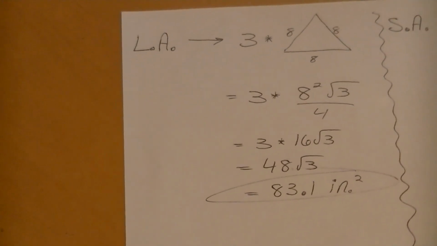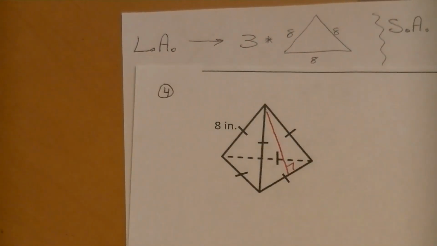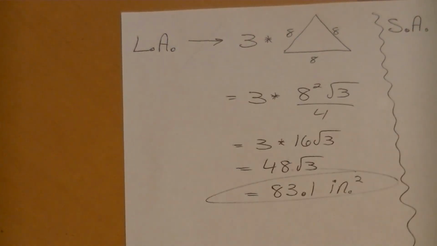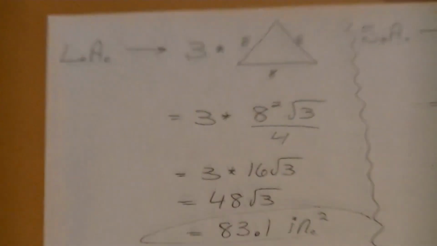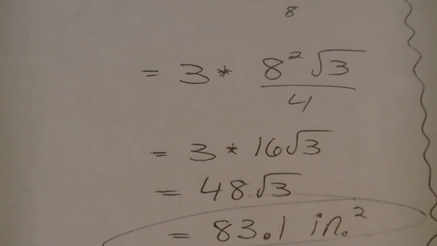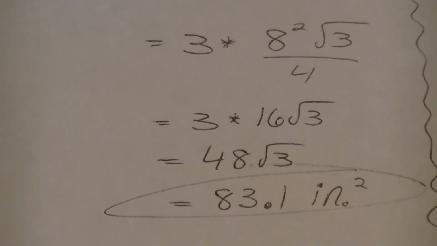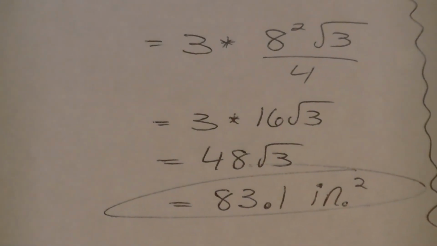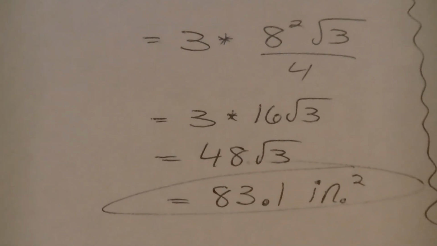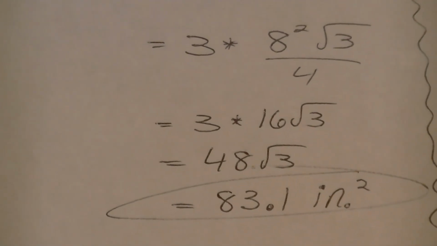Lateral area is just the area of, not the base, but the other 3 triangles going around. 3 times the area of an equilateral triangle. Equilateral triangle is 8 squared √3 over 4. 8 squared over 4 is 16. So 3 times 16 √3, 48 √3. That's the same answer we had, 83.1.